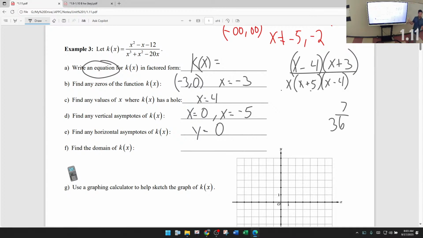Find the domain. We can do the domain fairly easy. Negative infinity to -5, -5 to 0, 0 to infinity. Or negative infinity, positive infinity, can't be 0, can't be -5. Yep. Oh, 4. Cuss. Go back to this.